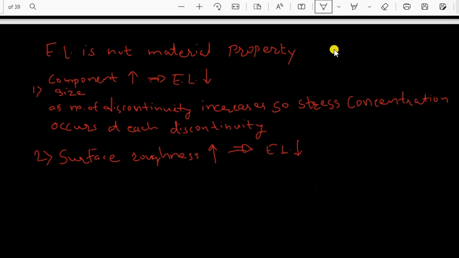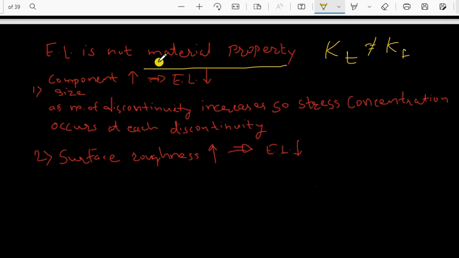Theoretically it is true, but in actual, if we compare Kt, that is the theoretical stress factor, and the actual stress factor, they will not be the same.